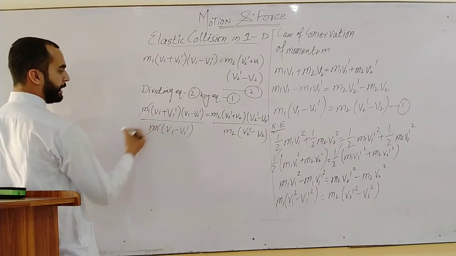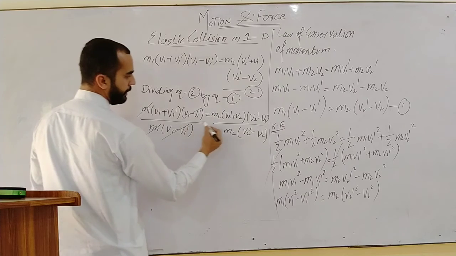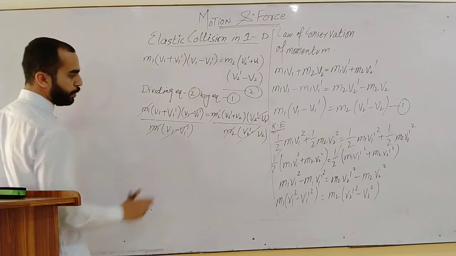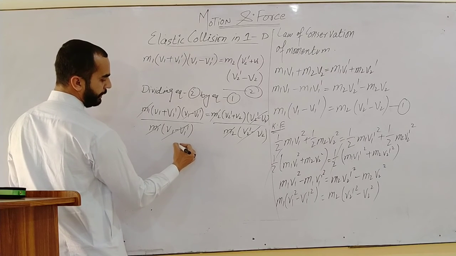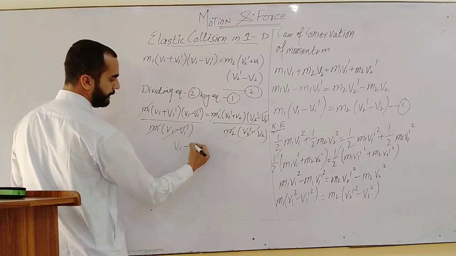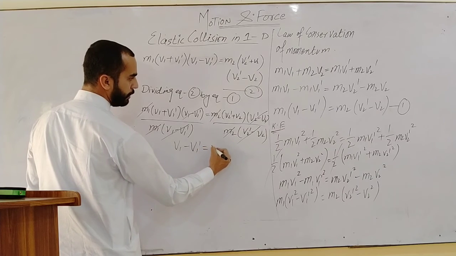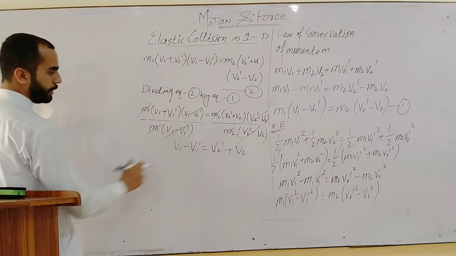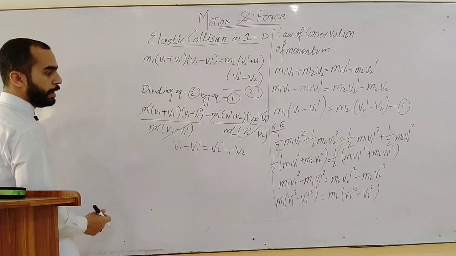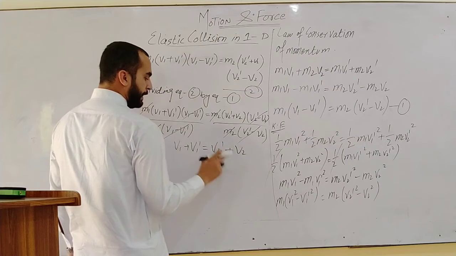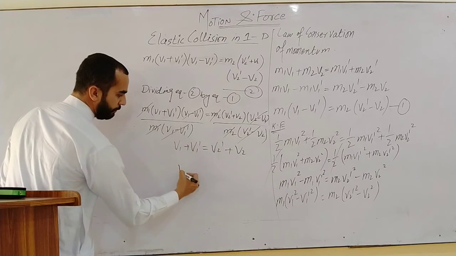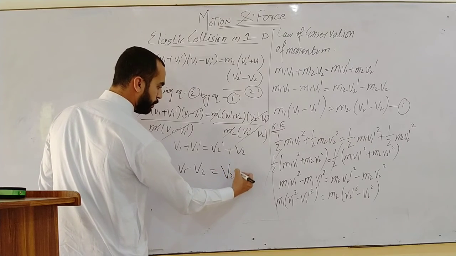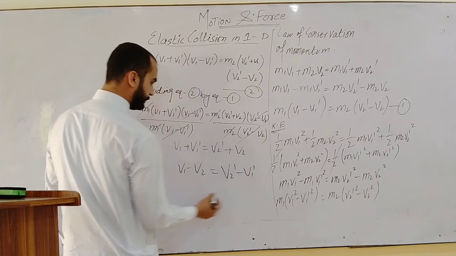So m1 cancels with m1, m2 with m2, and (v2 prime minus v2) with (v2 prime minus v2). The remaining values are v1 plus v1 prime is equal to v2 prime plus v2. You can also rearrange these values as v1 minus v2 is equal to v2 prime minus v1 prime.